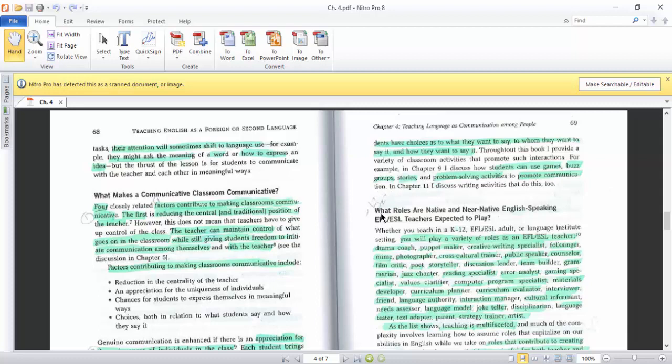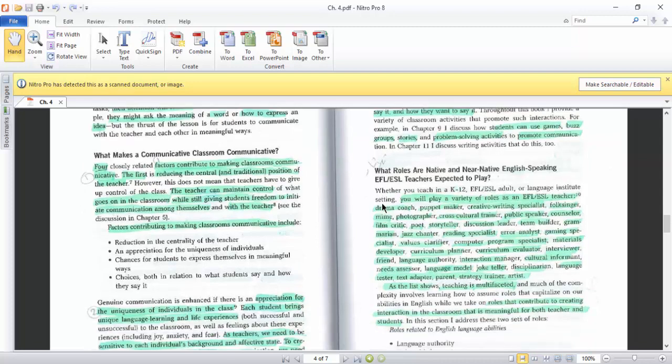We have another question about what roles native and near-native English speaking EFL, ESL teachers are expected to play. We have many roles here.